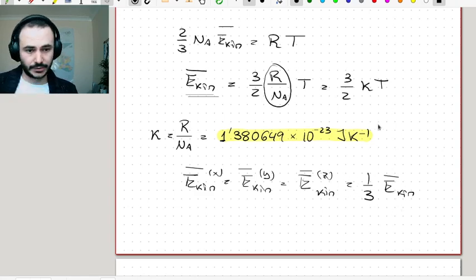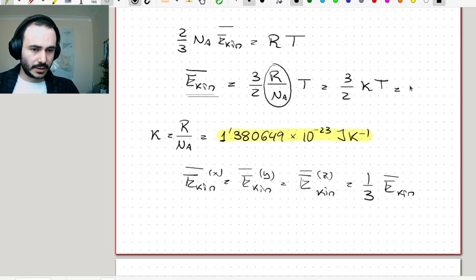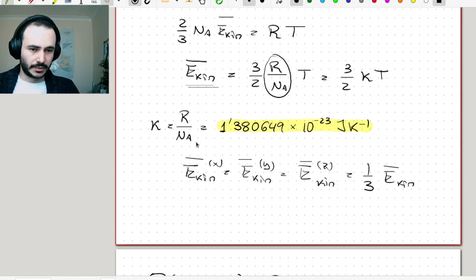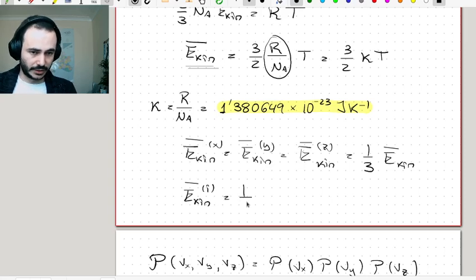So just using that in the previous expression, what I do want to write is that the average kinetic energy in any specific direction, x, y, or z, contributes to the total with 1/2 of kT.